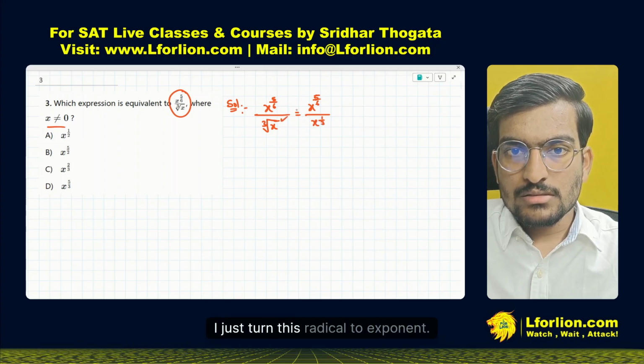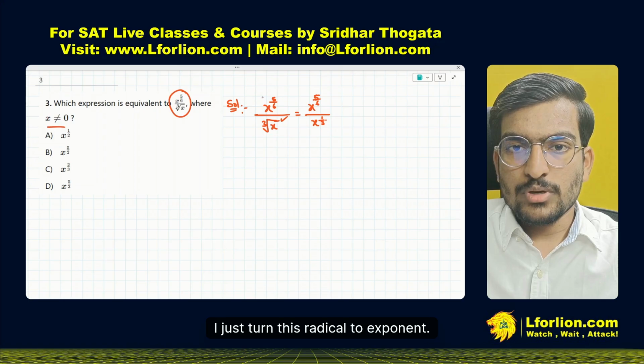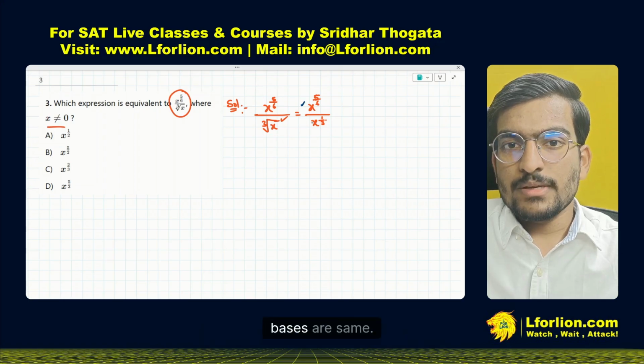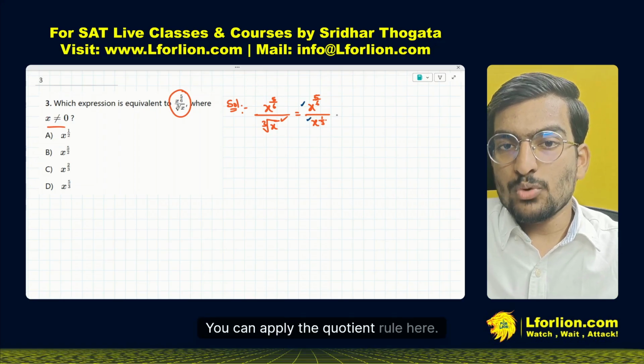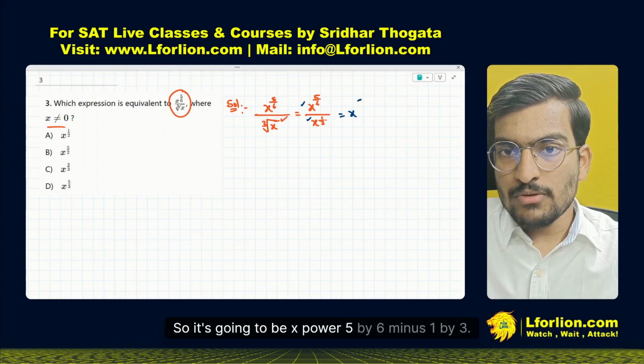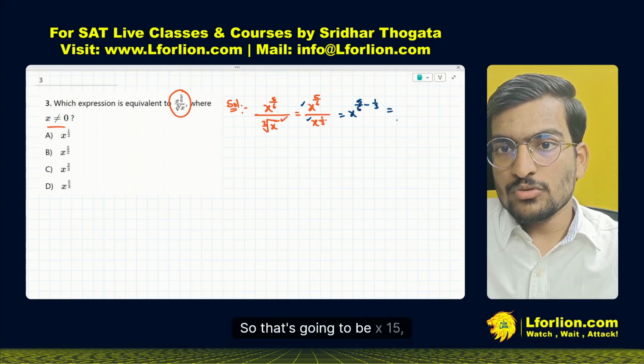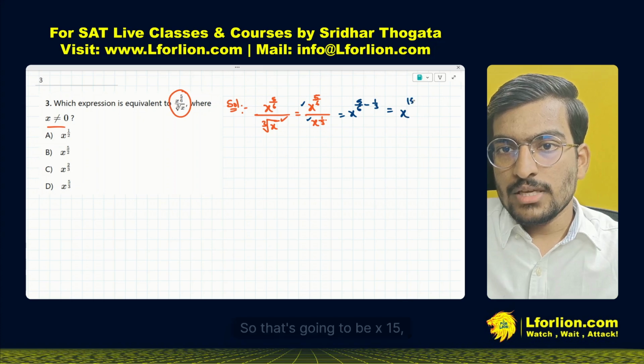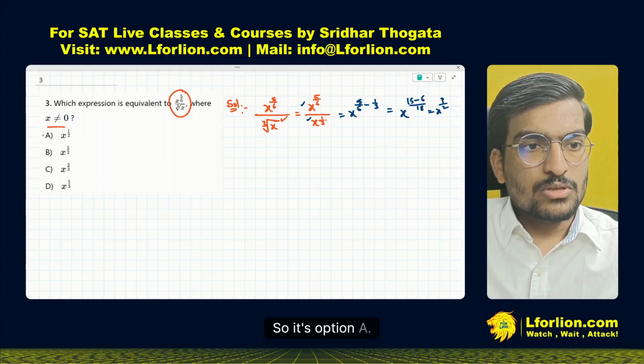I turned the radical into an exponent, and now you can see the bases are the same. You can apply the quotient rule here. So it's going to be x power 5 by 6 minus 1 by 3. That's x power 15 minus 6 by 18, that is 9 by 18, which is 1 by 2. So it's option A.